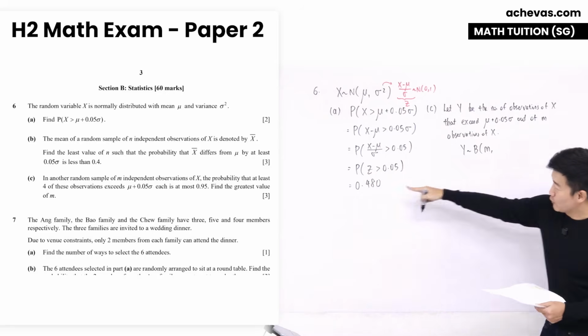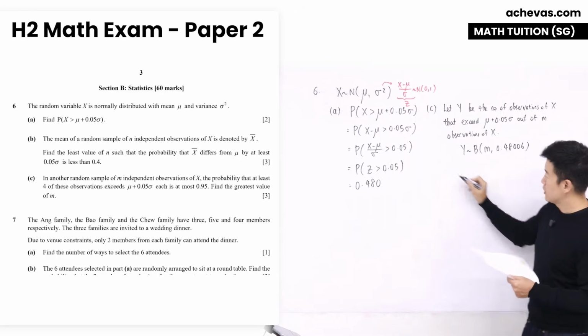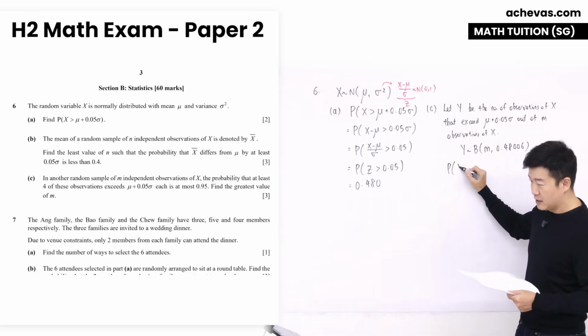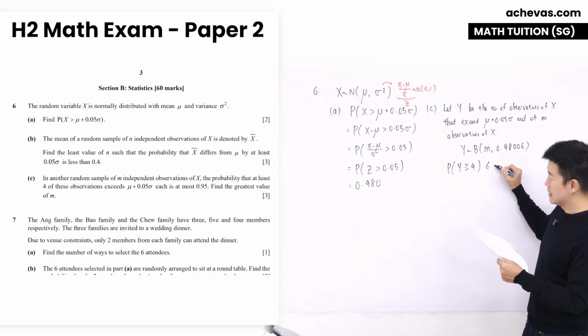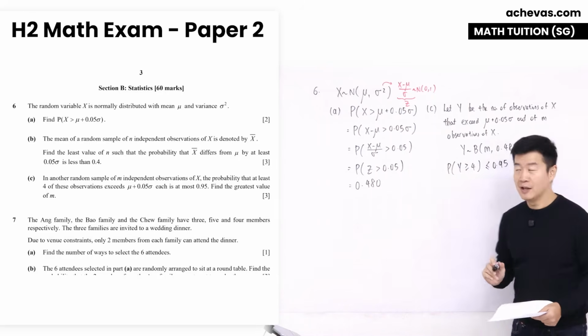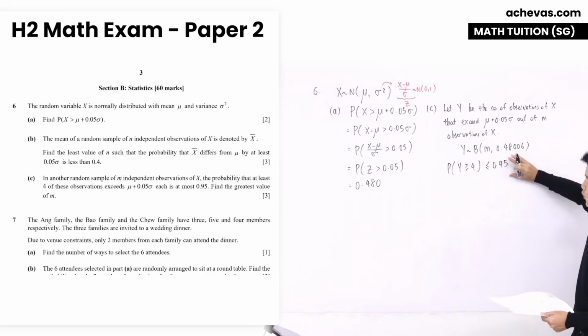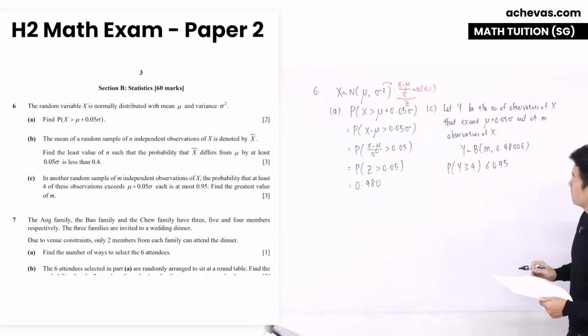So that will be 0.48006. And the question says that the probability when y is bigger than or equal to 4 has to be less than or equal to 0.95. We're going to make use of this inequality to find the greatest possible value for m.